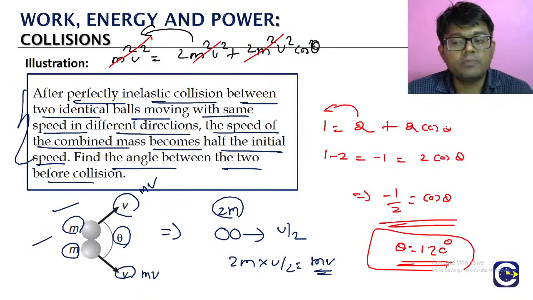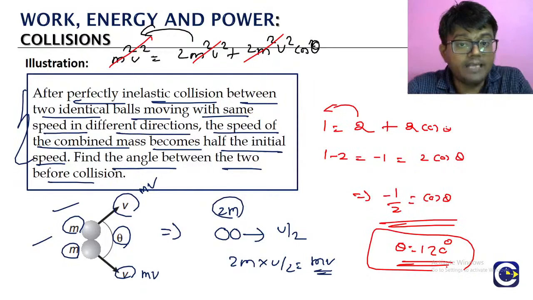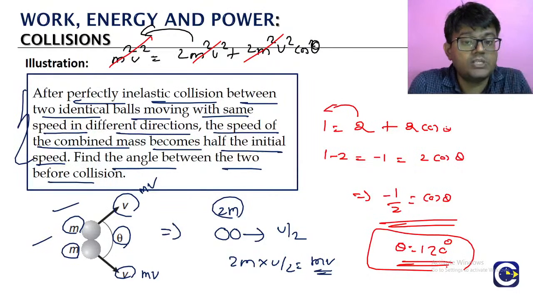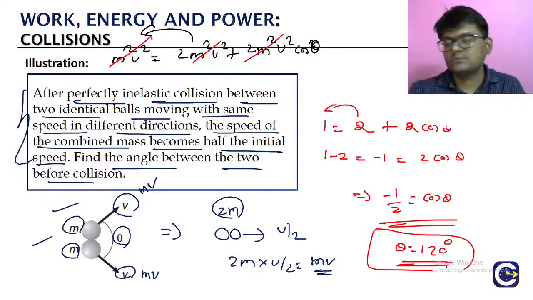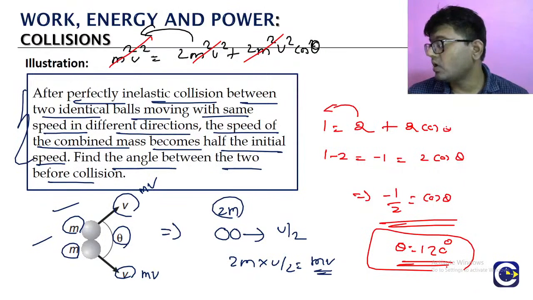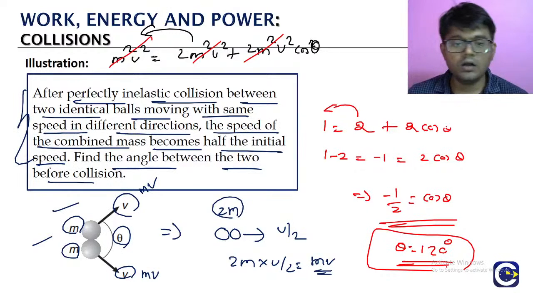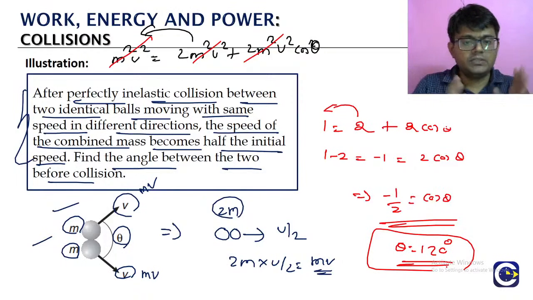Because cos theta is equal to minus half, the angle between vectors will be always in the range 0 to 180, right? In that we have to pick up. So cos 120 is minus half. So the angle between the two objects before the collision must be 120. Okay.